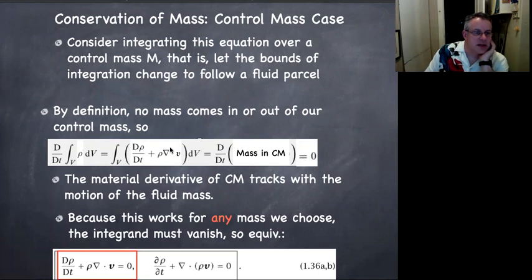And so multiplying the density times that is like the part of this integral that changes because the volume is changing in time, not because the density is changing in time. So this is the one because the density is changing in time. This is because the volume is changing in time. You add those two together and you get the material derivative of the mass in the control mass, which is equal to 0. That's this side of the equation.